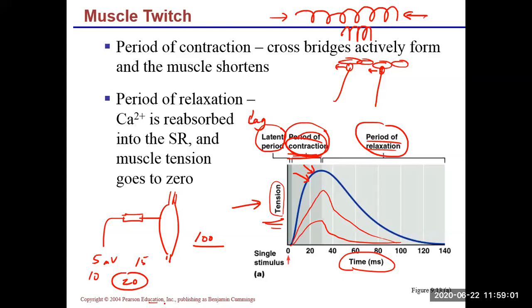After that, re-energizing the head. After that, calcium departs from the troponin, moving back into the SR. All of that is happening during the relaxation. That is what I wanted to talk about for the muscular twitch.